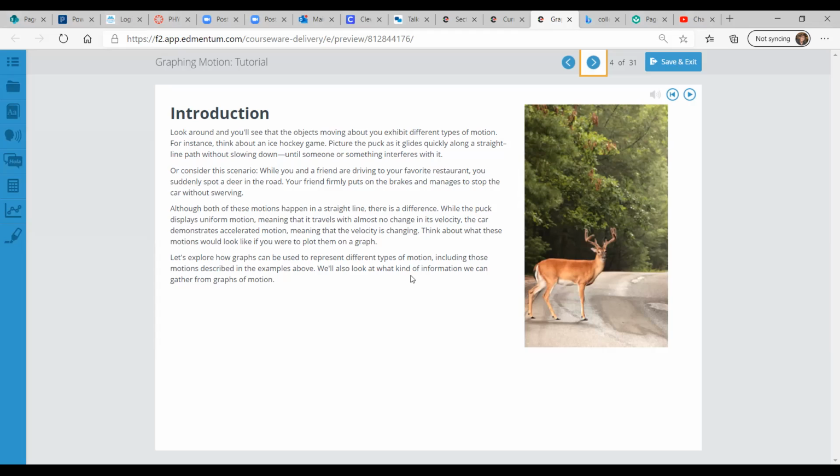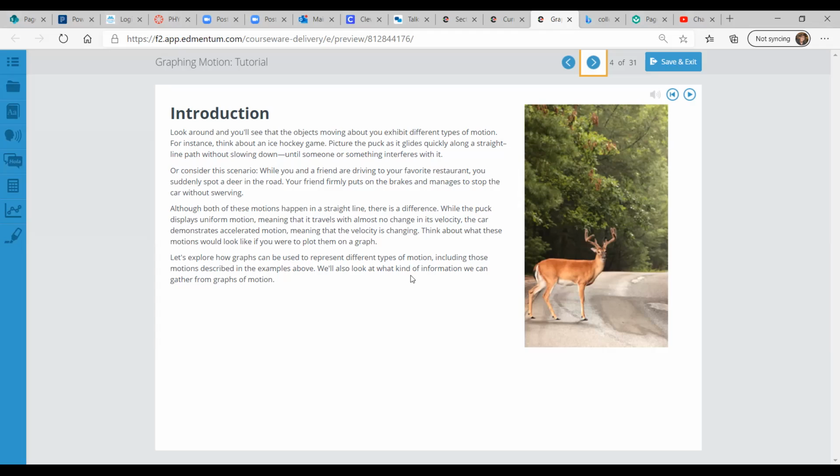Or consider this: while you and a friend are driving to your favorite restaurant, you suddenly spot a deer in the road. Your friend firmly puts on the brakes and manages to stop the car without swerving out of the way.